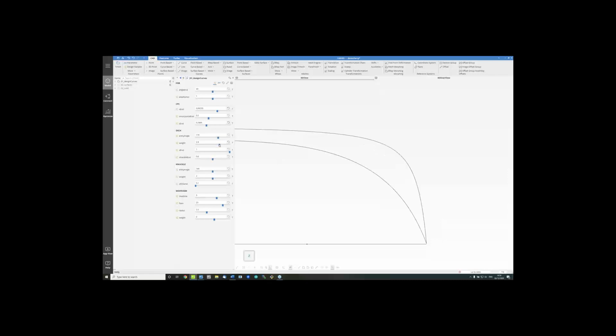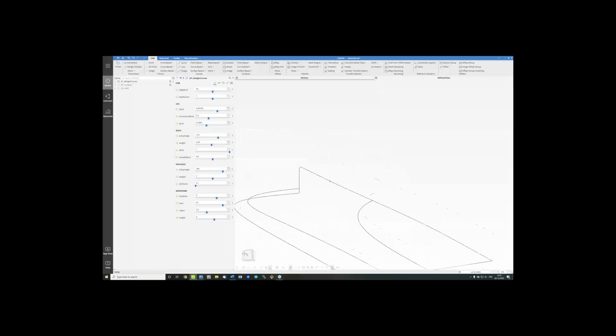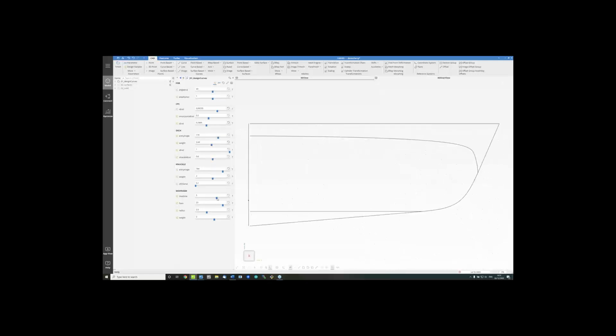We can pull that out or shift it back in. We can pull that knuckle line out and in, or change its entry angle if we want to. And we can take a look at the mid-frame of the ship and change, for example, the deadrise angle all the way down to 0 degrees or back up.